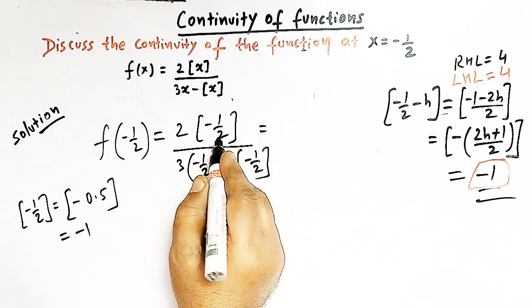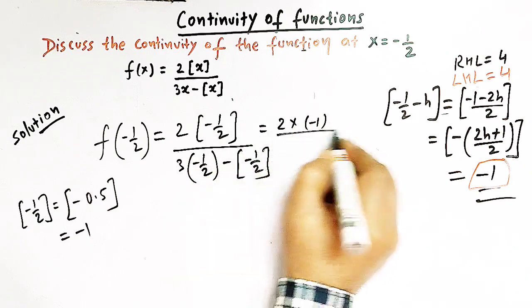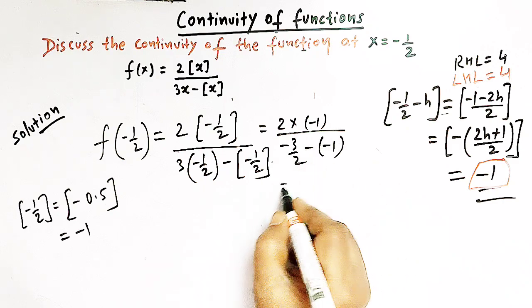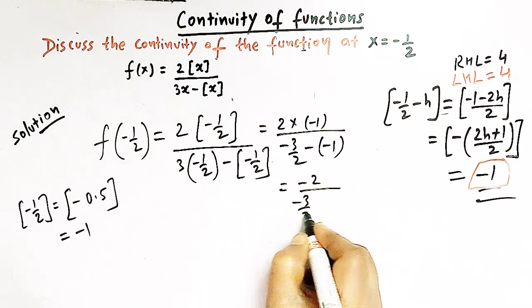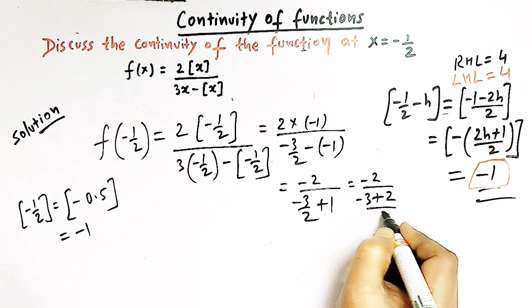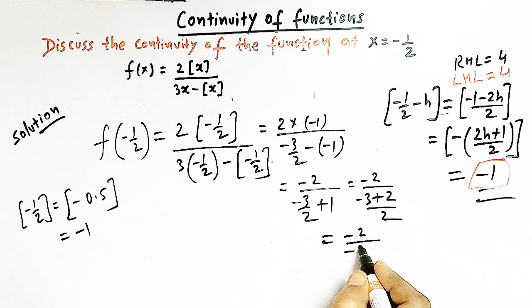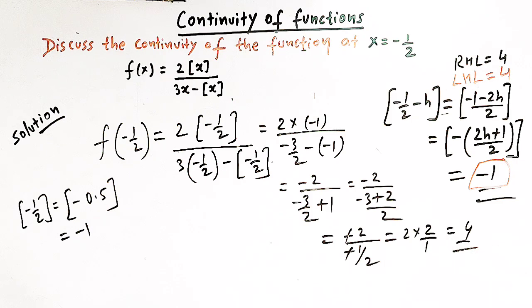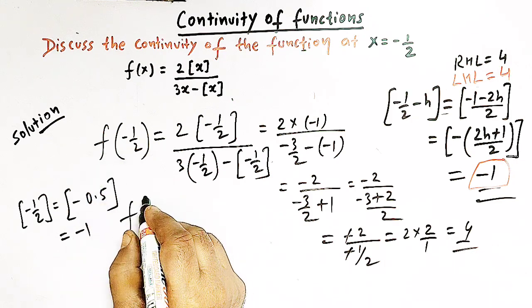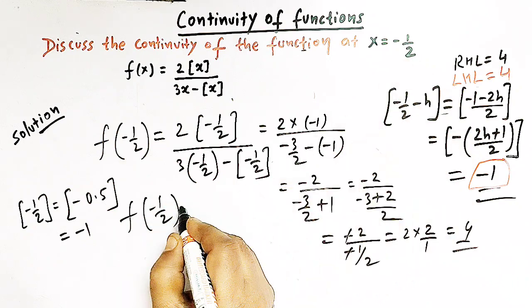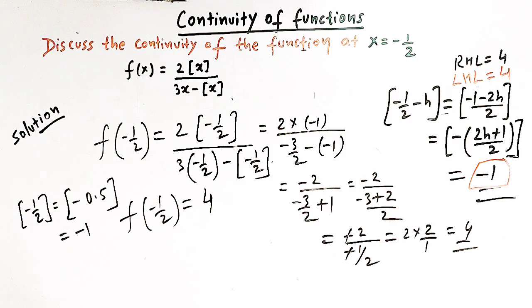So we have here 2 times minus 1, then here we have minus 3 by 2 minus minus 1. So this is minus 2 over minus 3 by 2 plus 1, minus 2 over minus 3 plus 2 over 2. So minus 2 over minus 1 over 2. So this is 2 times 2 over 1, that is 4. So the value of the function at this point, that is x is equal to minus half, is also equal to 4.